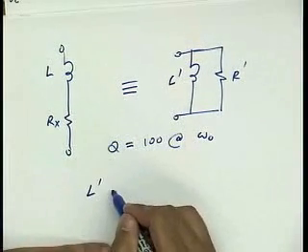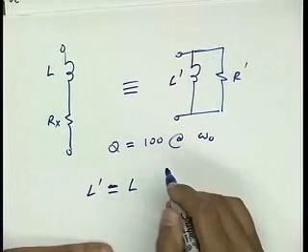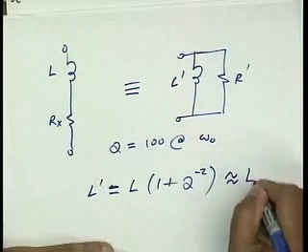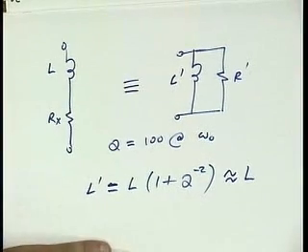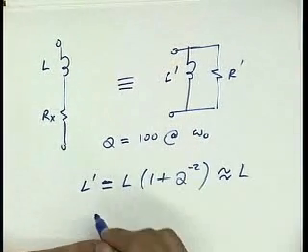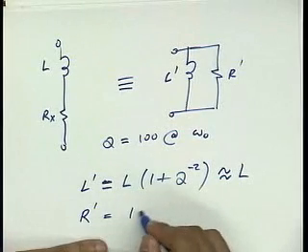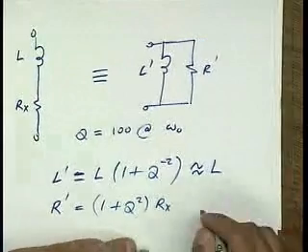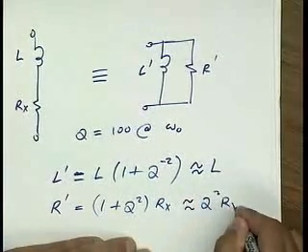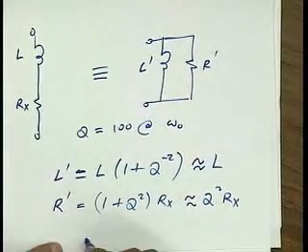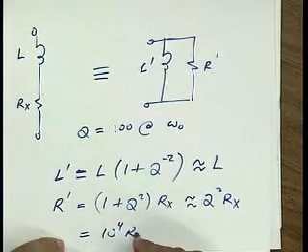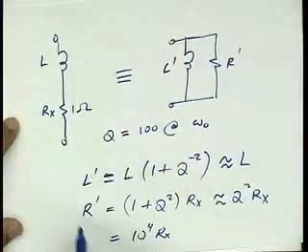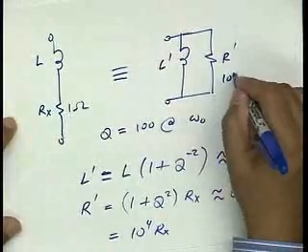L prime is equal to L times (1 + Q^-2), which is approximately equal to L. On the other hand, R prime is (1 + Q^2) times Rx, which is approximately Q^2 times Rx. In other words, it's 10,000 times larger than Rx. So if this were 1 ohm, this is 10 kiloohms.